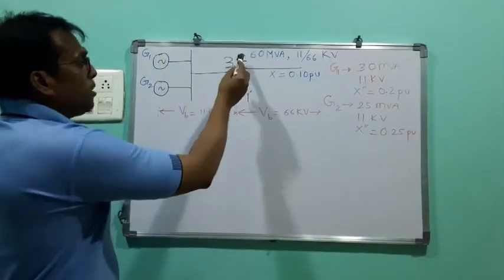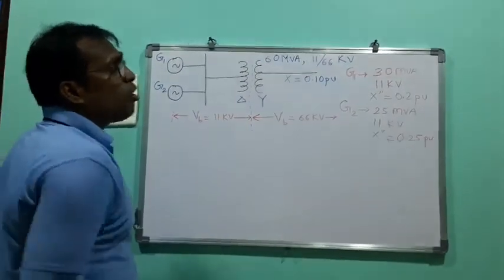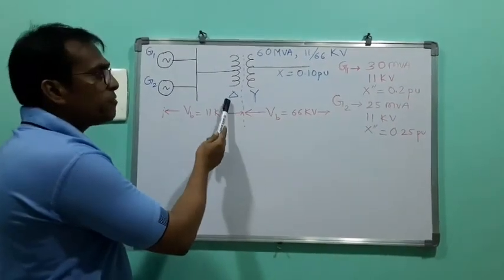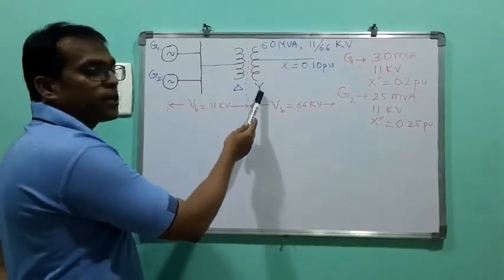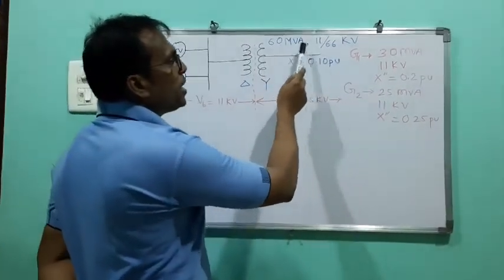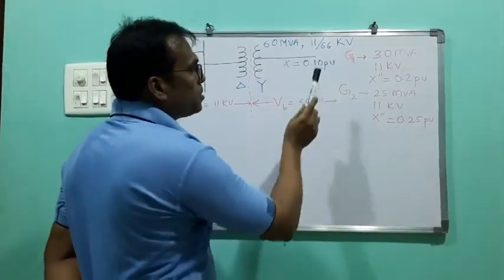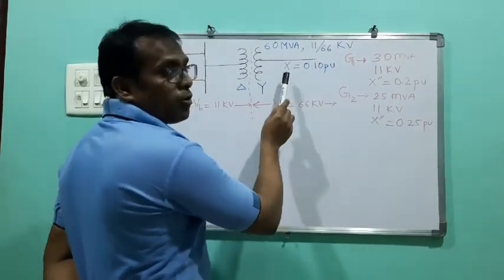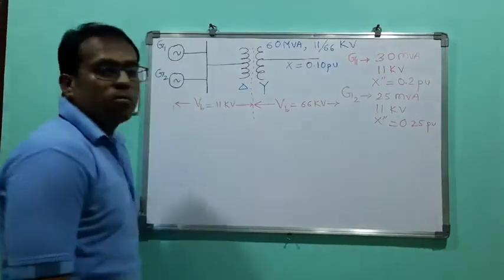The transformer is delta star, that means the primary consists of delta and the connection of the secondary is star. The rating of your transformer is 60 MVA, 11 by 66 kV, and the per unit value of reactance is 0.10.